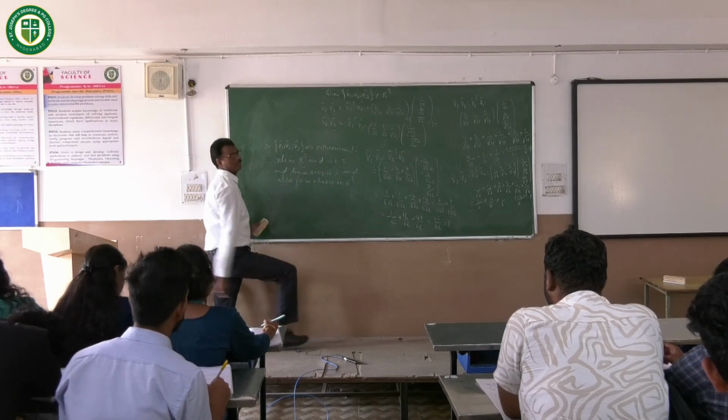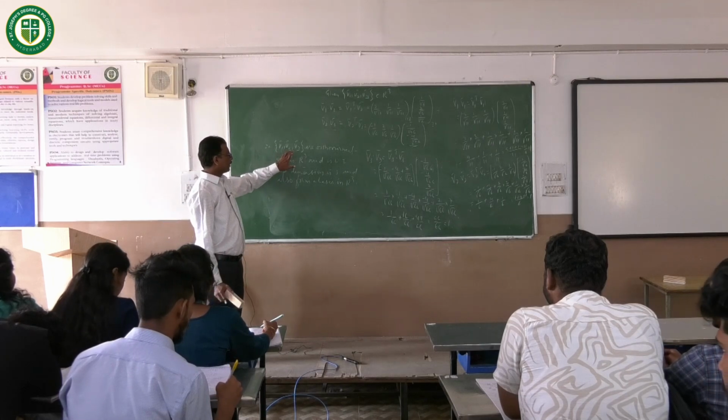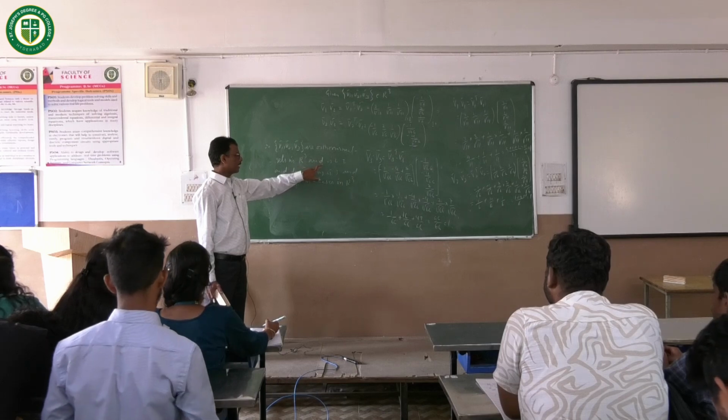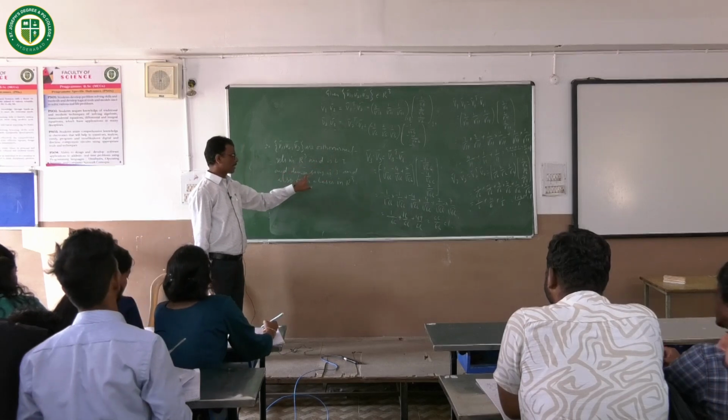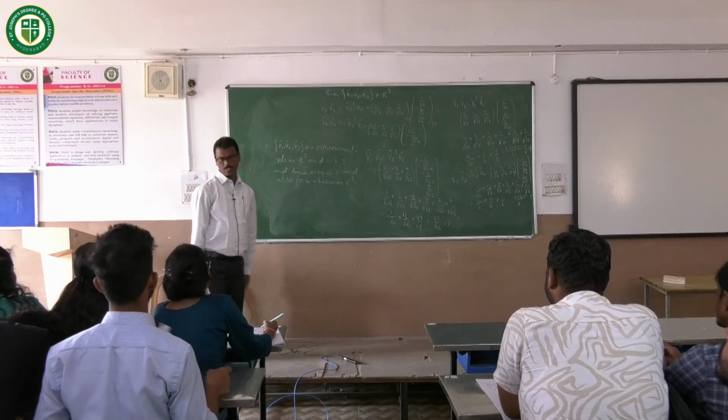This is the conclusion. So if the given set of all three vectors are orthonormal sets in R power 3 and linearly independent, and the dimension is 3, then the basis is also satisfied in R power 3.